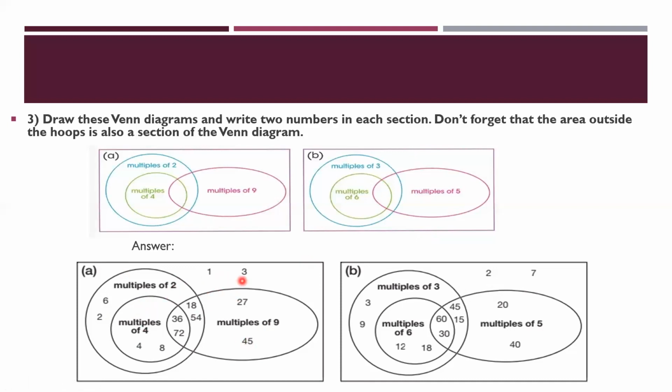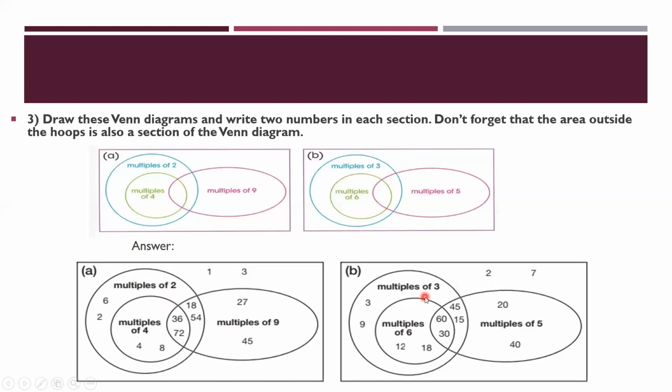What about 3? It is not a multiple of 2, it is not a multiple of 4, it is not a multiple of 9. So you can write any number outside these circles, which means that number does not satisfy these criteria. Here I wrote 2 and 7.